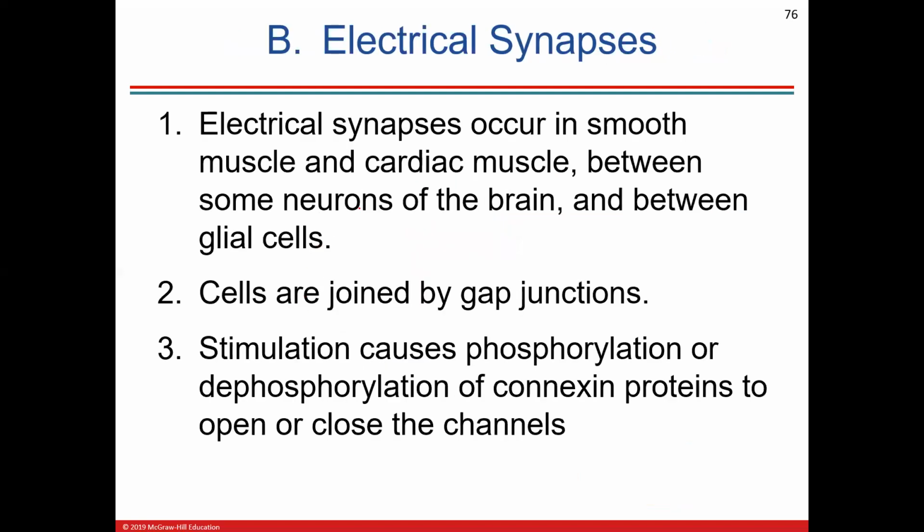So it's smooth, with smooth muscle, right? Smooth muscle is completely involuntary, which is controlled by the autonomic nervous system.